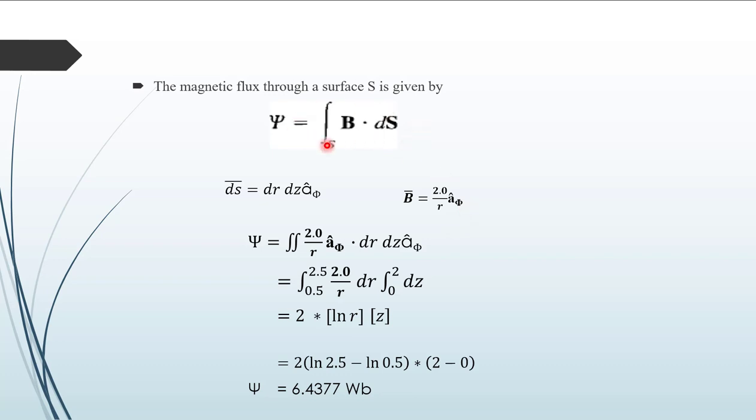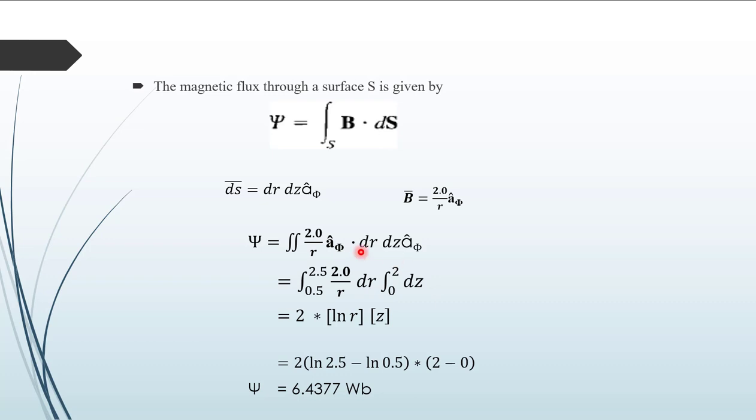As per this equation, we have to take the dot product of these two quantities. So ψ is equal to a double integration; surface integration is always a double integration. Double integration of 2 upon r a φ cap dot dr dz a φ cap. Now a φ cap dot a φ cap is equal to 1, so we can write 2 divided by r into dr into dz.